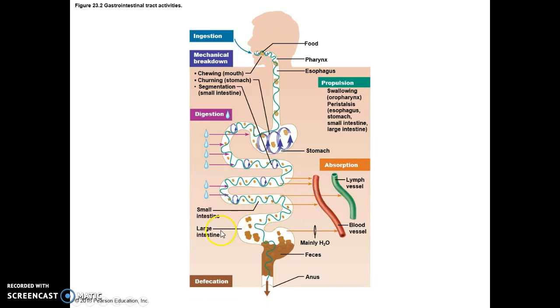Continuing to the large intestine here, there's going to be namely reabsorption of water and electrolytes here, and then finally the feces. Once water is removed from this, the watery stool becomes more formed in the form of feces, and it is stored in the rectum, and then finally from the rectum and anus defecation occurs.